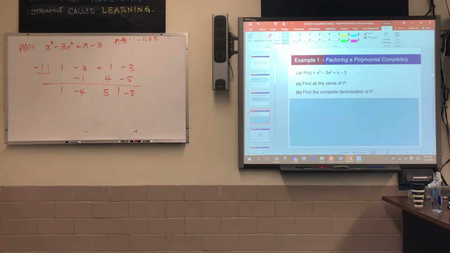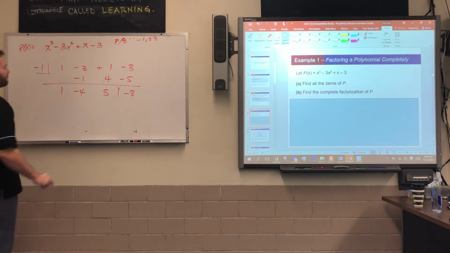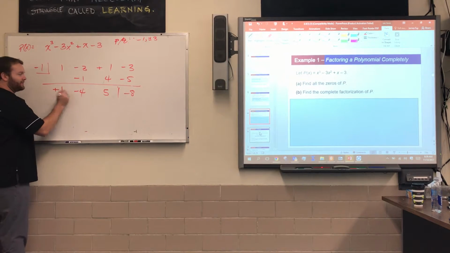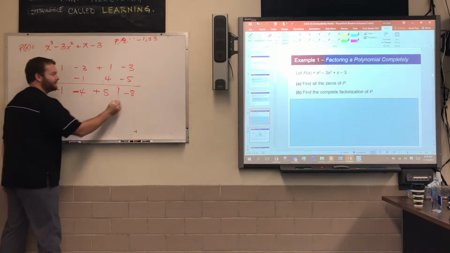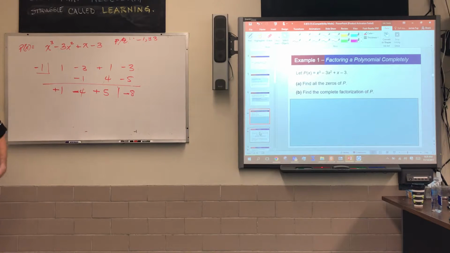Here is the benefit of knowing those upper and lower bound theorems, because now I know -1 is not a 0, but look what these numbers do. Positive, negative, positive, negative. They alternate, right?